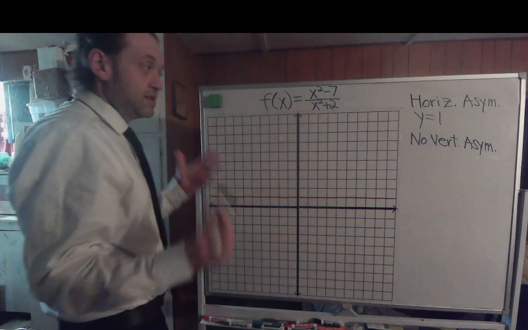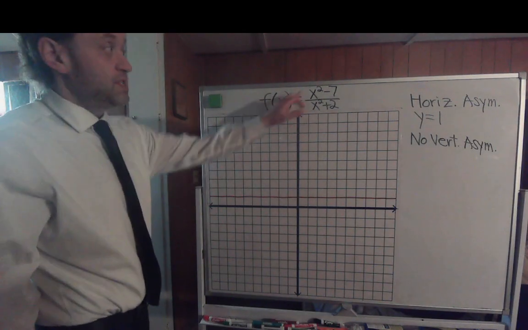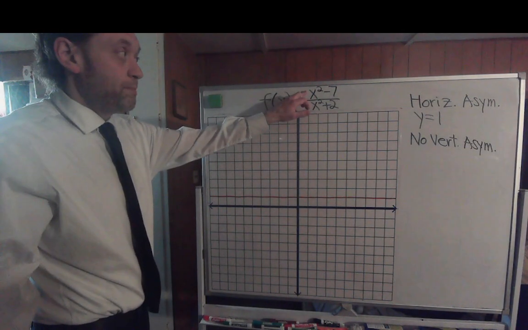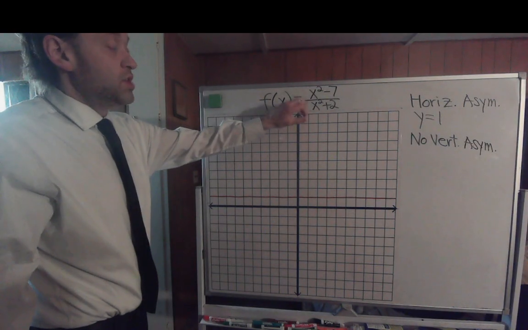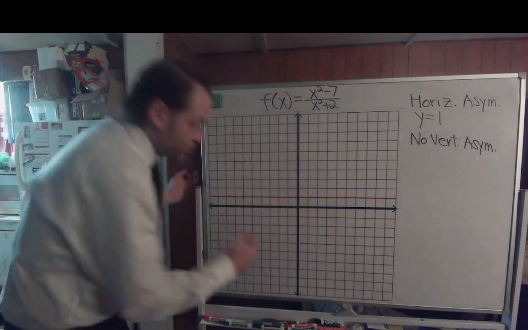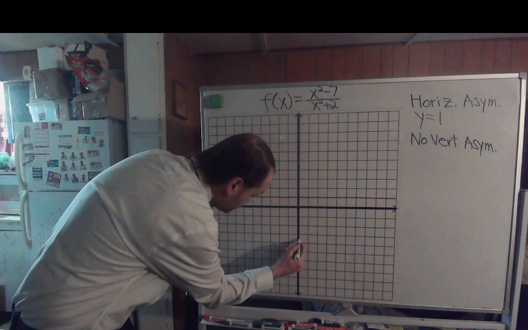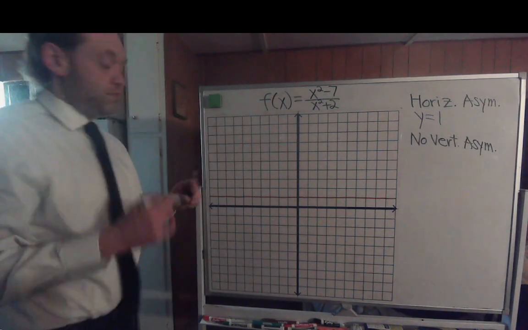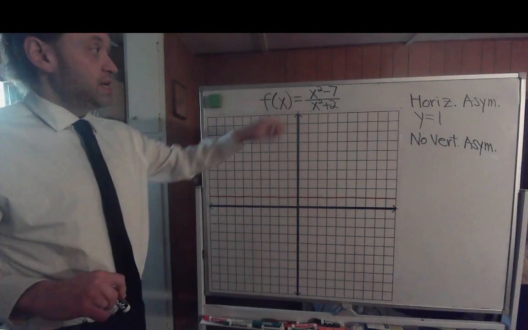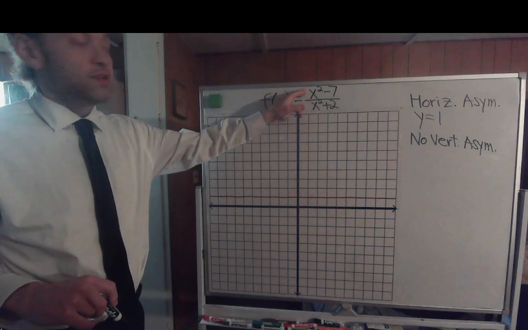So let's go ahead and start plotting some points. If I input 0, let's start at 0. So 0 would be, you get negative 7 divided by 2, which is negative 3.5, right? You would start all the way there. Now, if I put in x being plus or minus 1, what's true if I square a negative number? It becomes positive, right?